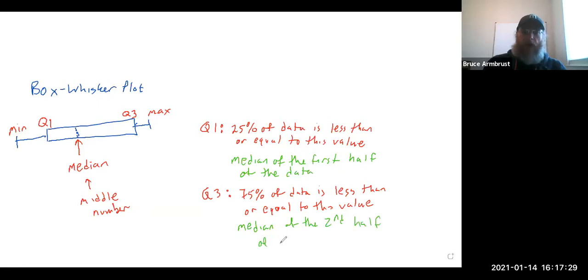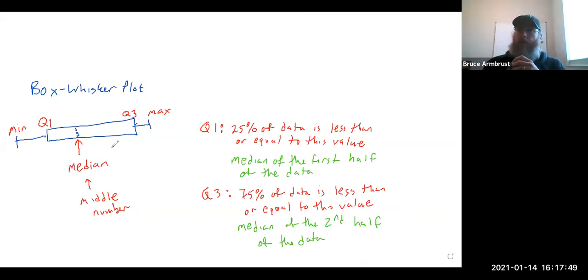So I do the same thing as before, which is I look at the second half of the data, and then I find its middle value, right? I find the middle value there, the median, and that's Q3.